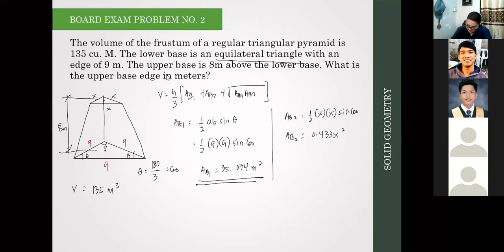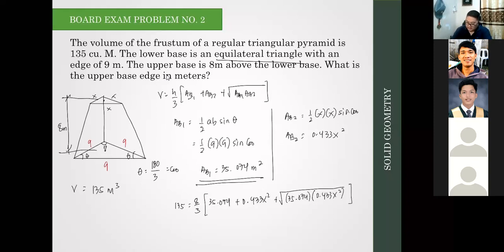Volume daw natin is 135 is equals to h over 3. So, 8 over 3. Tapos times AB1 natin is 35.074 plus AB2 na 0.433 x squared plus square root ng 35.074 times 0.433 x squared.